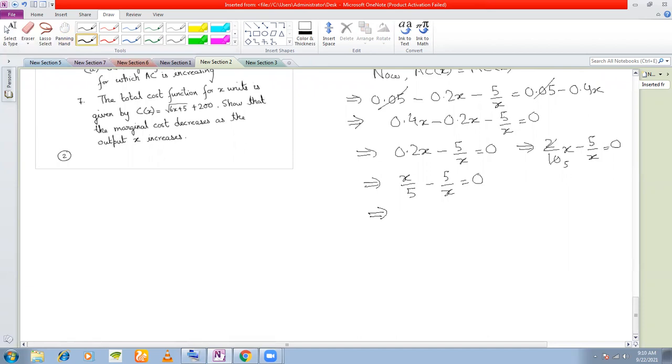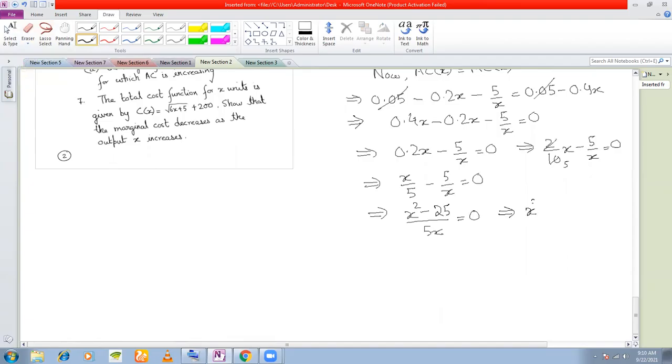Okay, so now you can take the LCM here. x square minus 25 by 5x, sorry, not 5x, is equal to 0.